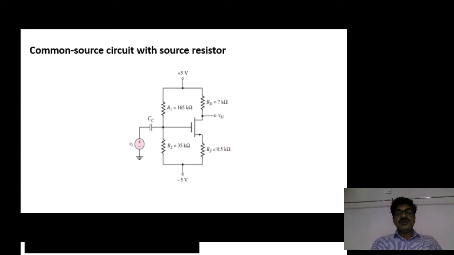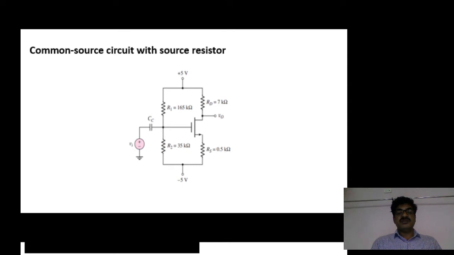Before analyzing this circuit, first you need to convert it into an equivalent model. What is the equivalent of the MOSFET between gate and source? It is represented as an open circuit because the gate offers very high input impedance.